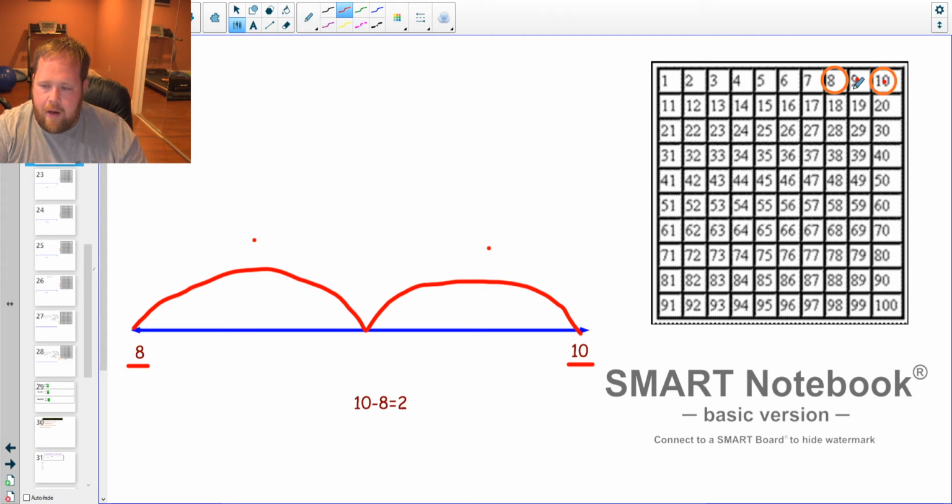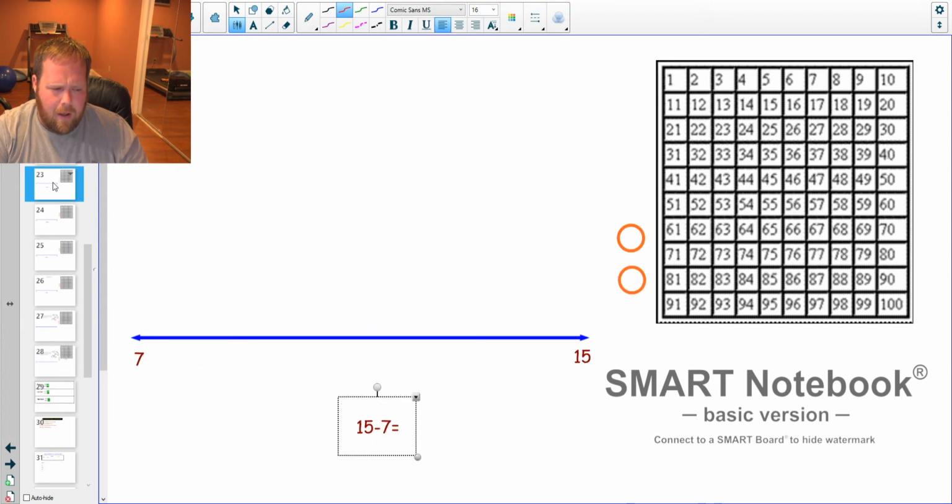Do you notice how we went 2 hops? Very good. So 10 minus 8 equals 2, or 8 plus 2 equals 10. All right. Let's keep moving, kiddos.